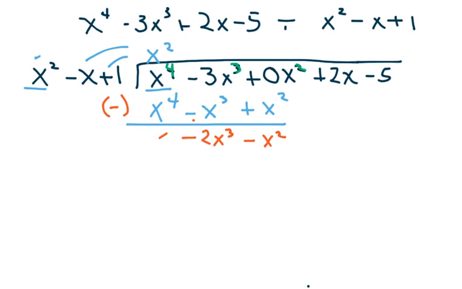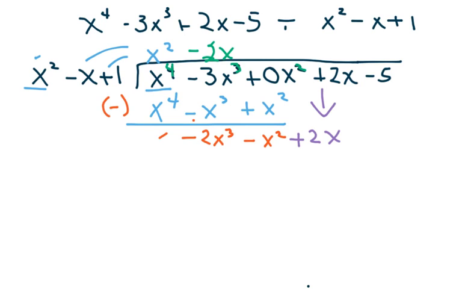Now, I'll do it the right way this time. I'm going to bring down the next term, which is positive 2x. And then I repeat the process. What times x squared gives me negative 2x cubed? That's going to be negative 2x.